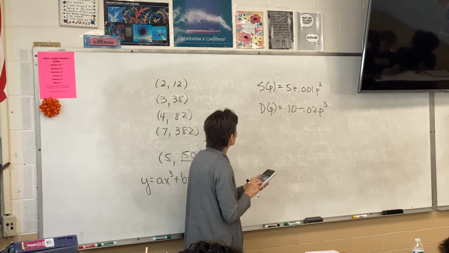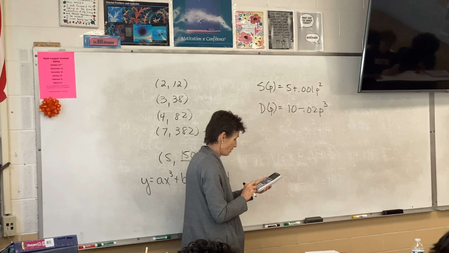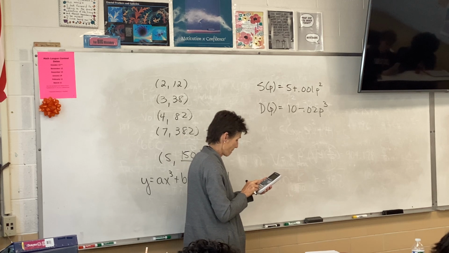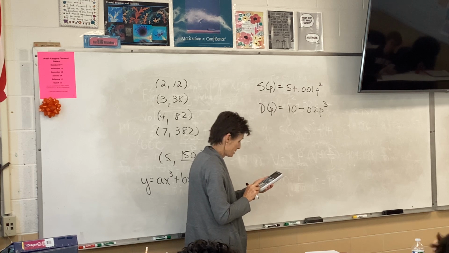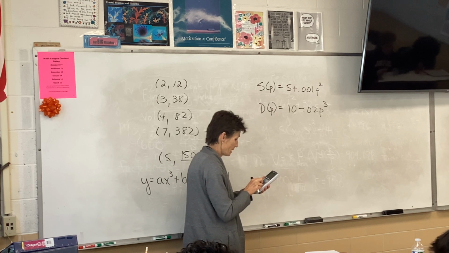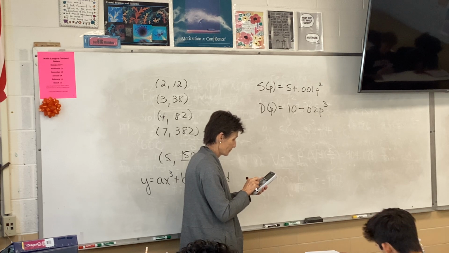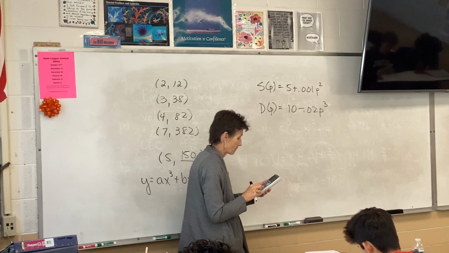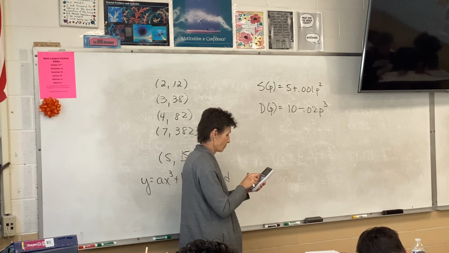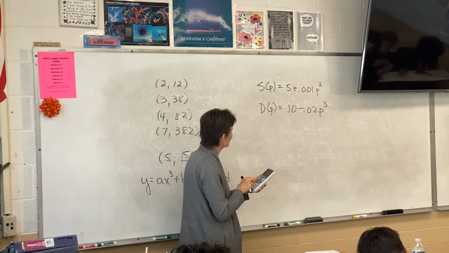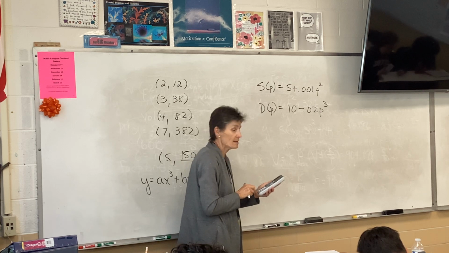Okay, so I'm going to type in y equals 5 plus 0.001 x squared and 10 minus 0.02 x cubed. Okay, and then hit graph.